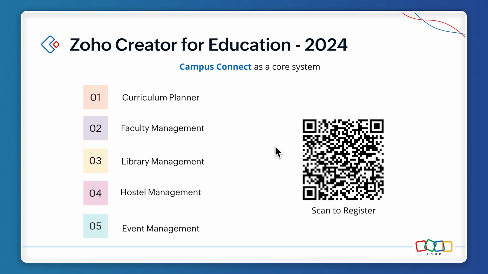We managed the library within the institute, like book issue, book return, and library inventory, and the hostel management process, like allocating rooms to the students after admission and handling their queries. And then we also automated event management, from scheduling the event till conducting the event. So all these processes have been automated under the single application Campus Connect.